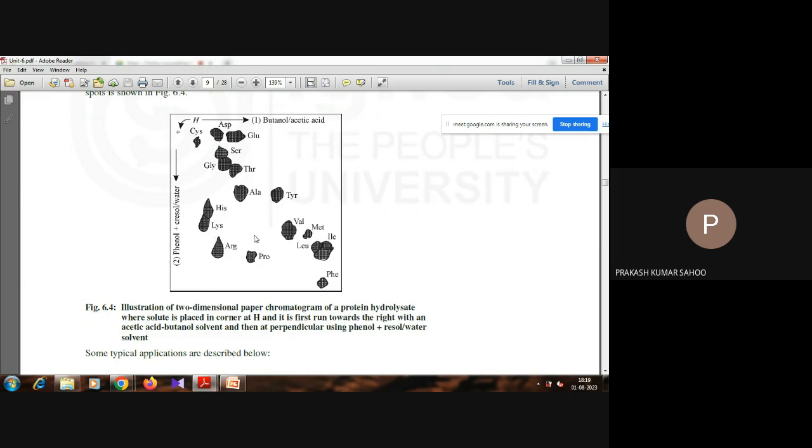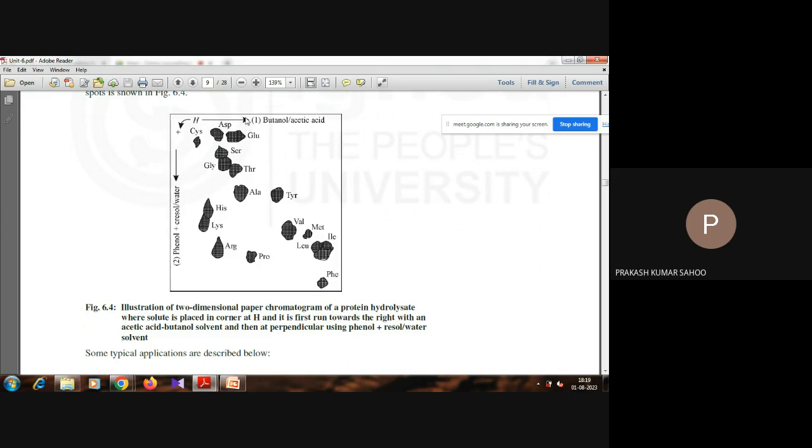That means we have two types of separation here: one in butanol acetic acid in the horizontal direction, and the second in phenol, cresol or water in the vertical. So this is two-dimensional paper chromatography, where two axial directions are used.